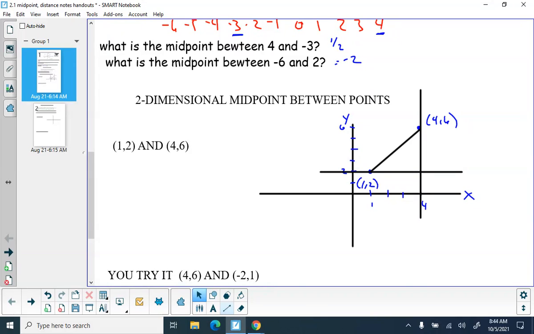Let's take a look at what happens here horizontally. Horizontally, we are starting at the value of 1 and we're moving to the value of 4.